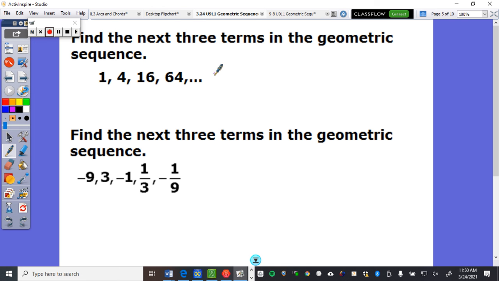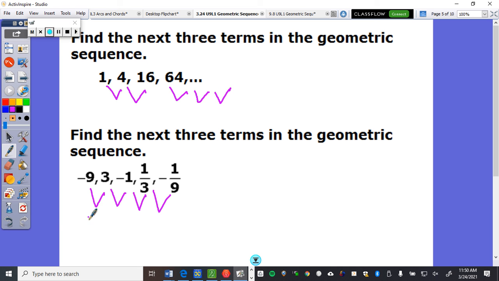Are we good with the next 3 terms on this one? What do we do each time? Multiply by 4 each time. What are we multiplying here each time? Notice, my sign changes.